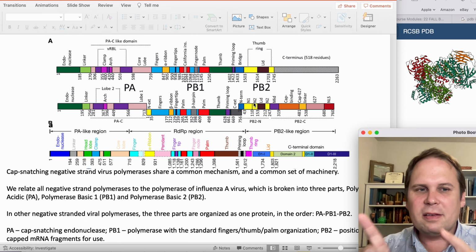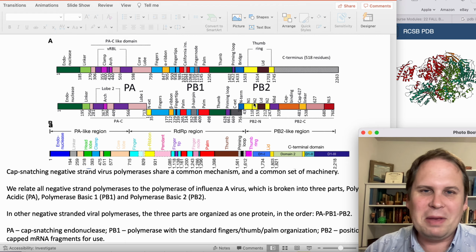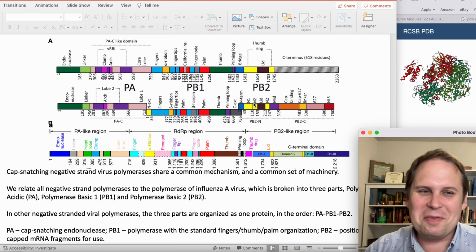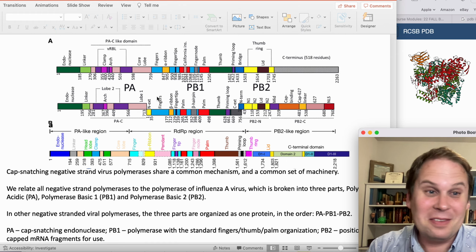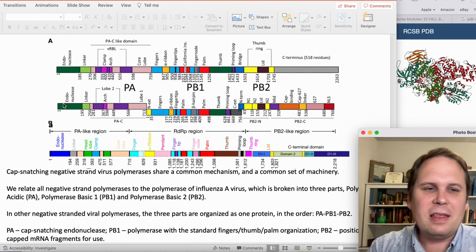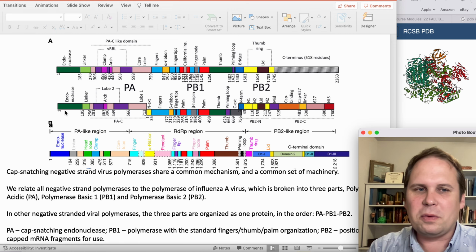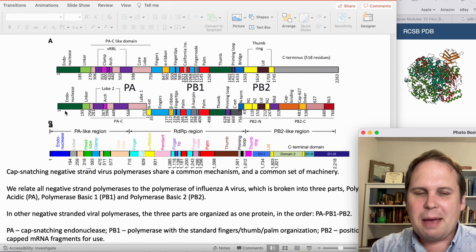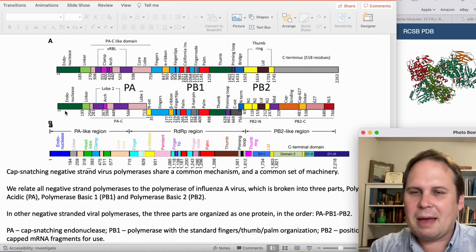So, up front, all the way at the end, is PA, because A comes before B, yeah, and B1 comes before B2. I mean, I know how letters and numbers work, so do you. And so does the virus, for a change. And so, PA is going to be the cap snatcher. It is going to grab onto an RNA that has a cap on it, and it's going to chop the cap off.